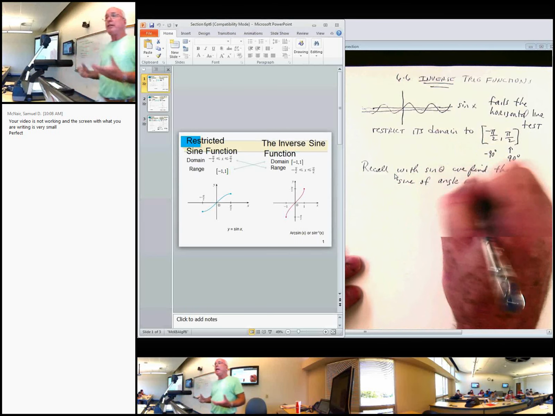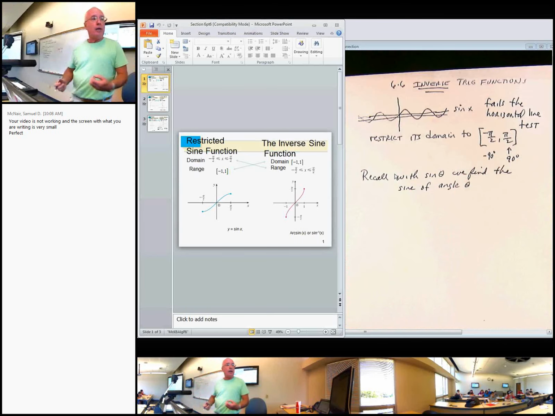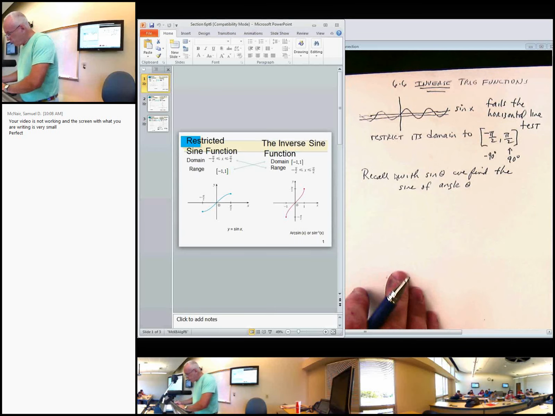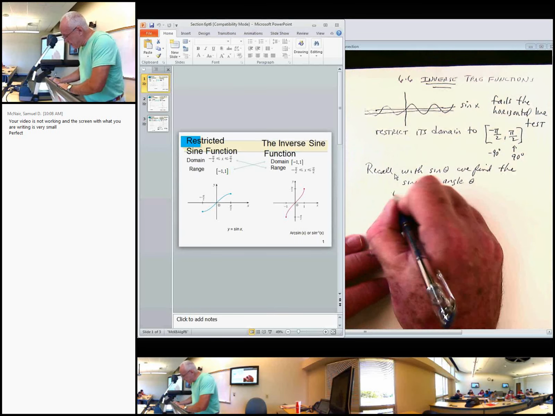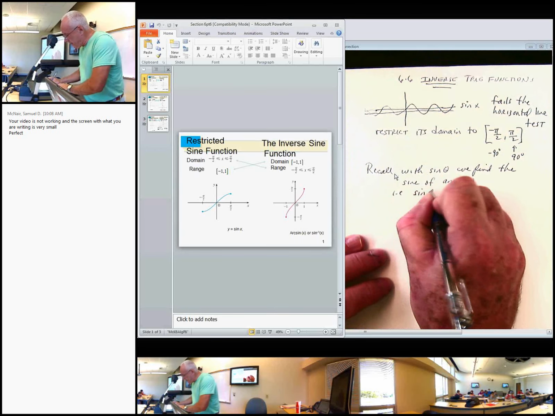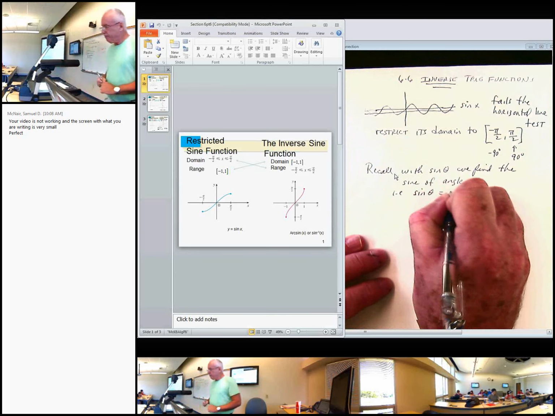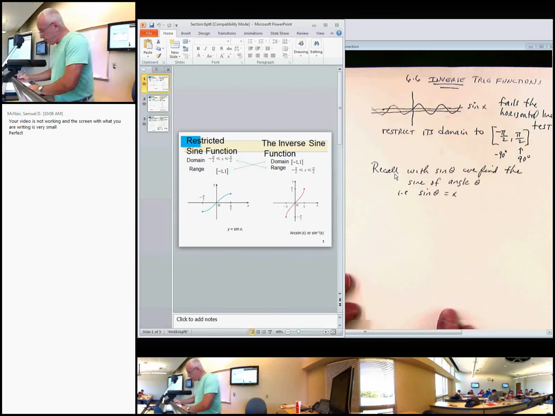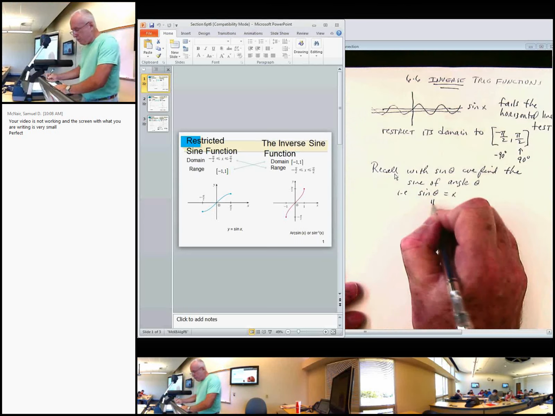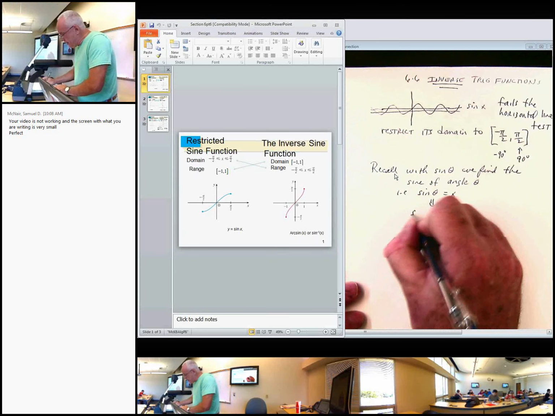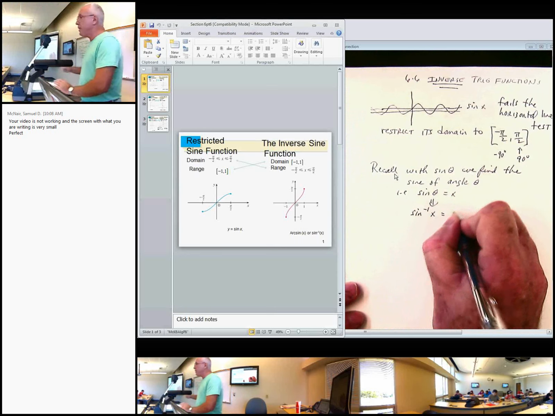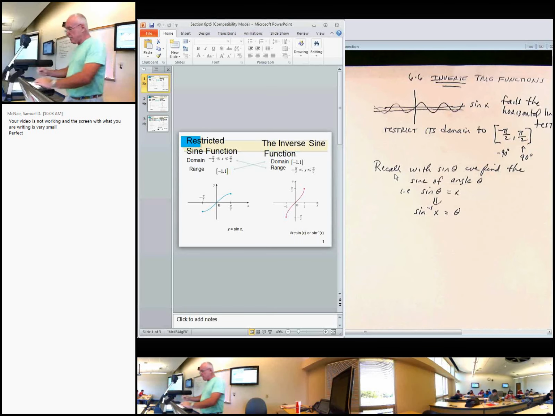So we have an angle, we take its sine, and we get a number, all right? That is, sine of theta is equal to some number. Now, if we're going in reverse for the inverse, that means the sine inverse of that value is equal to theta. We're going the other direction here.